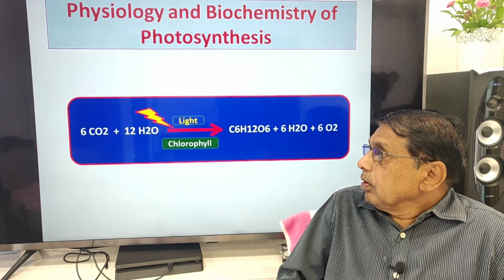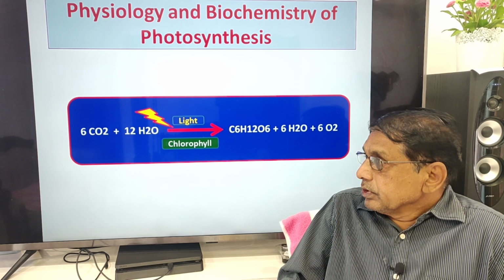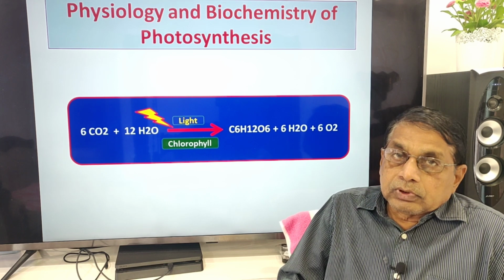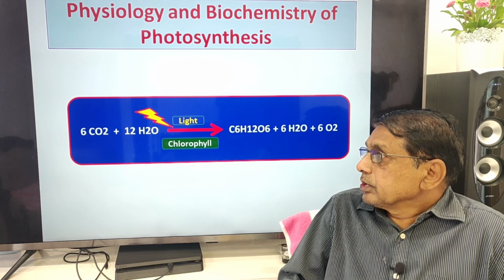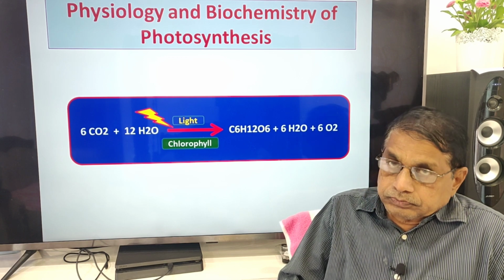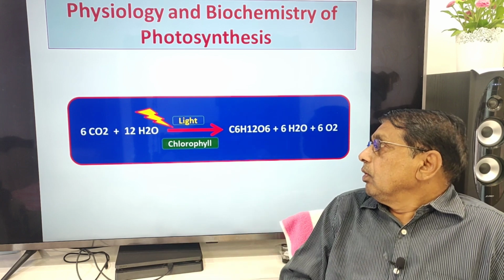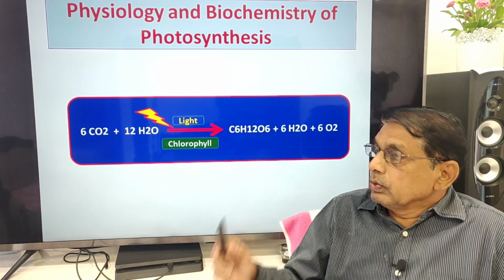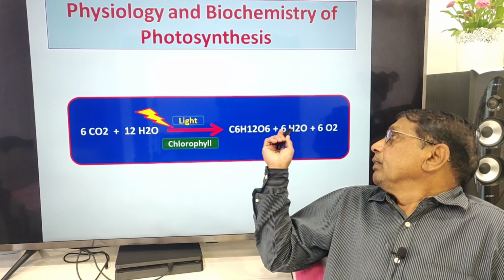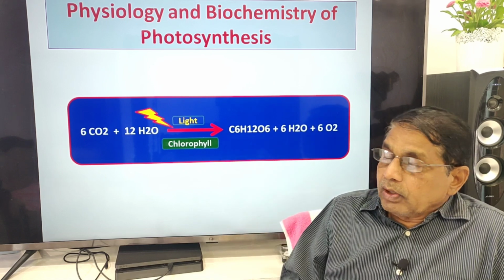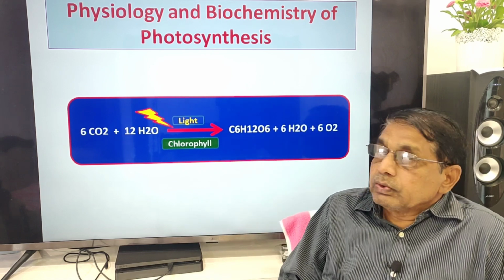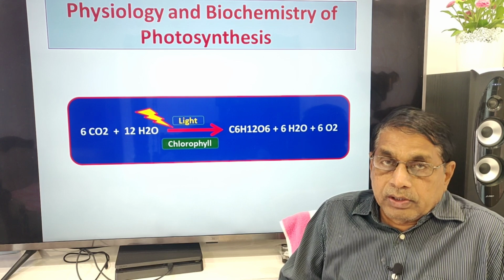This is the overall reaction of photosynthesis. 6CO2, 6H2O give rise to a molecule of glucose, and 6 molecules of oxygen are released.